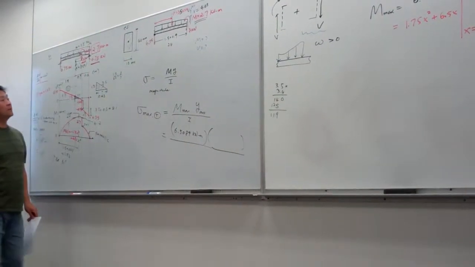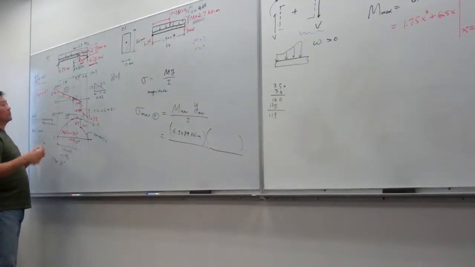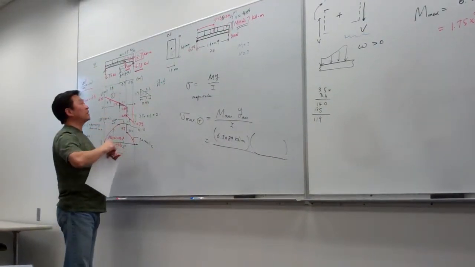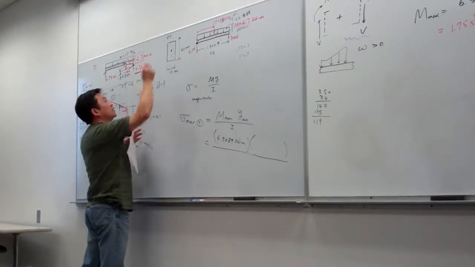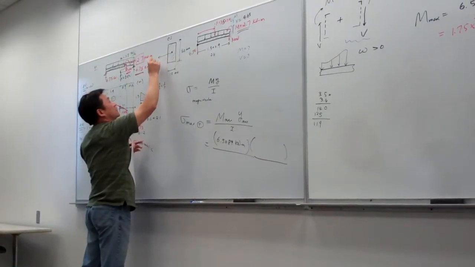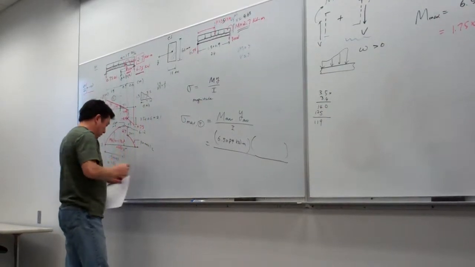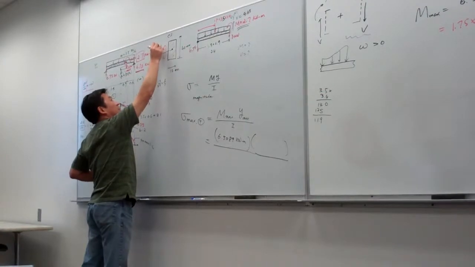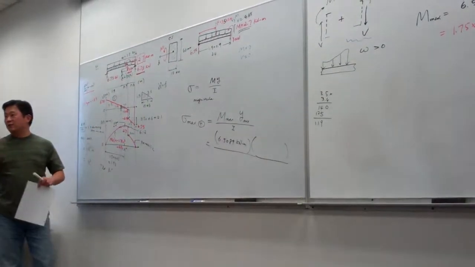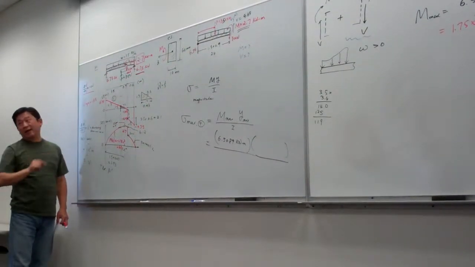And what is Y? Right now for this case, the bending is all positive. So bending, this is Z-axis. The bending will be working about the Z-axis in these directions. At any single cross section, the bending will be working like that.